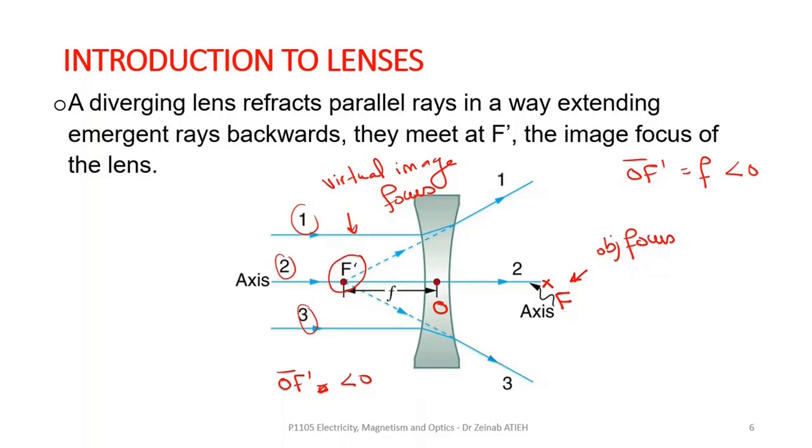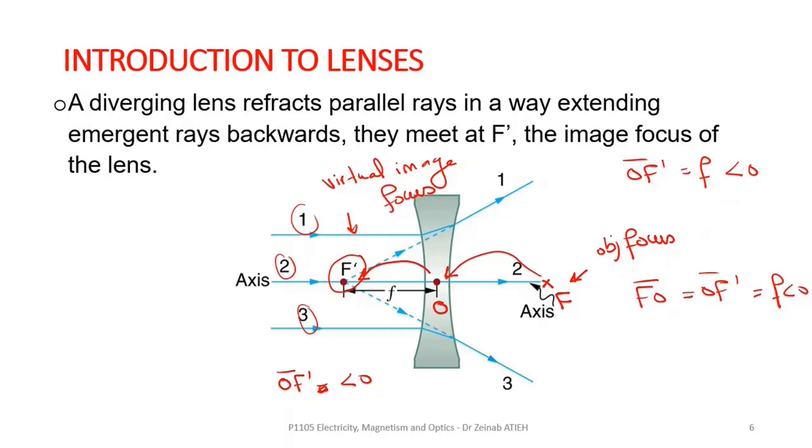So FO equals OF prime equals F, which is negative. FO is opposite to the chosen positive sense and OF prime is opposite to the chosen positive sense, so they are both negative. Virtual image, virtual object, F negative. This is for a diverging lens.